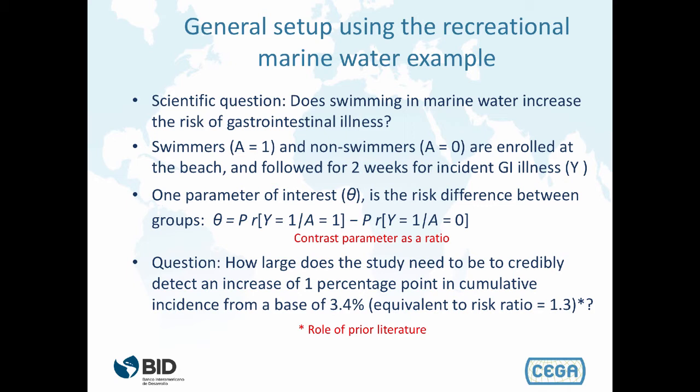The question then is, how large does the sample size need to be to credibly detect a 1 percentage point increase in the cumulative risk from a base of 3.4%? This is the equivalent risk ratio of 1.3. The idea here is that at baseline, or in the control group, we have a 3.4 percent incidence of GI. How much sample size do we need to observe that going from 3.4 to 4.4?